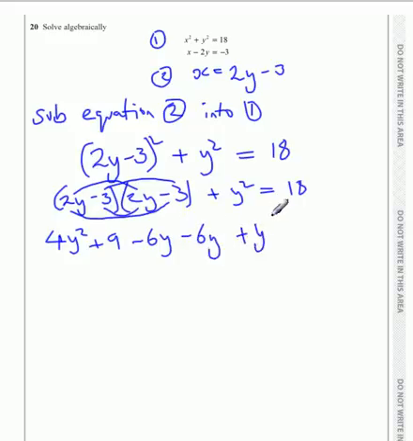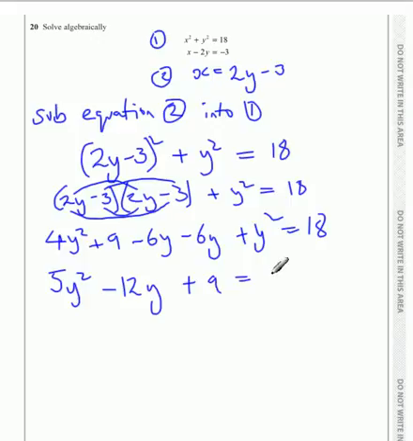Plus on the y squared equals 18. Simplifying this, 4y squared plus y squared is 5y squared, minus 6y minus another 6y is minus 12y, plus 9 equals 18.